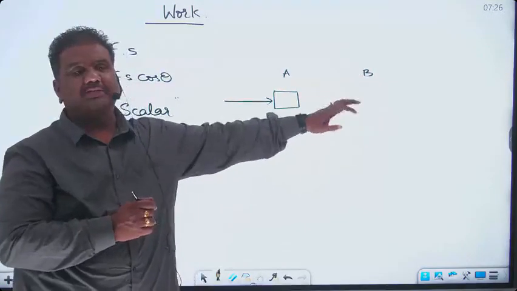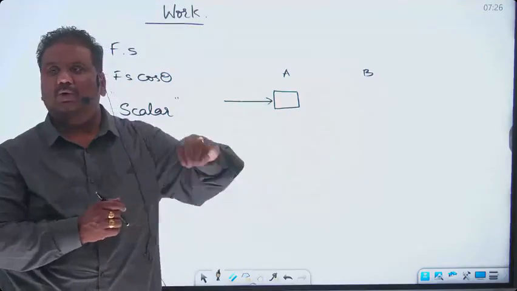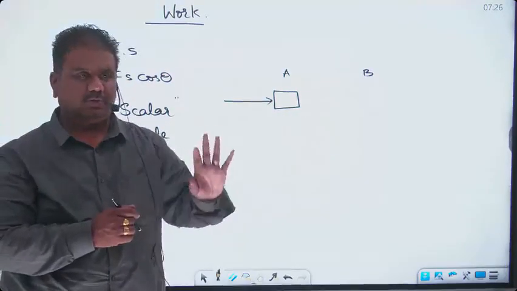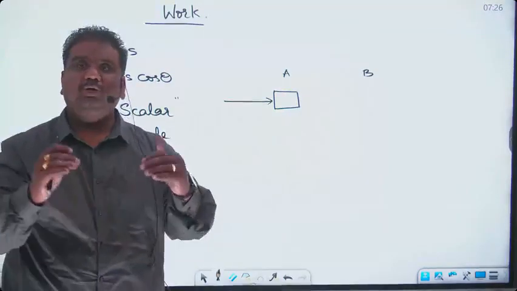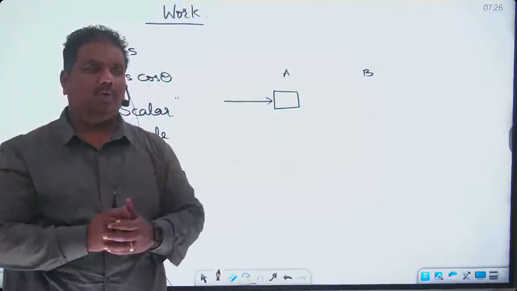Now for example, suppose that as of now in the classroom there are almost 350 or 400 students, all together. Now you try to push that backside wall, will it move?